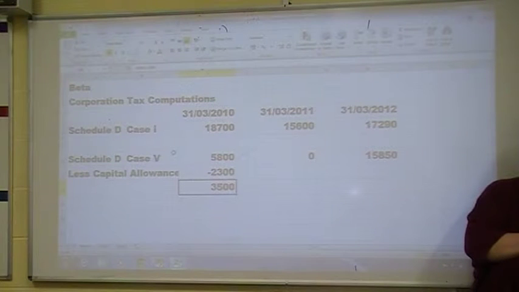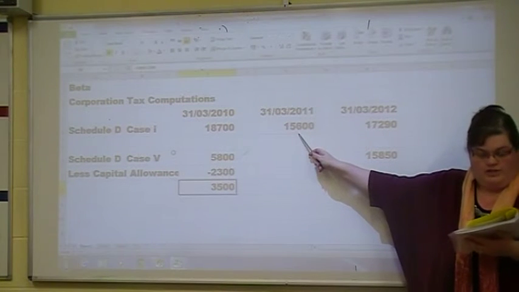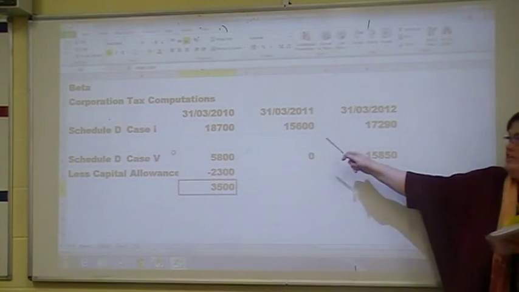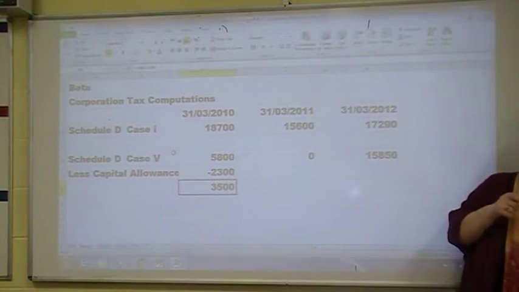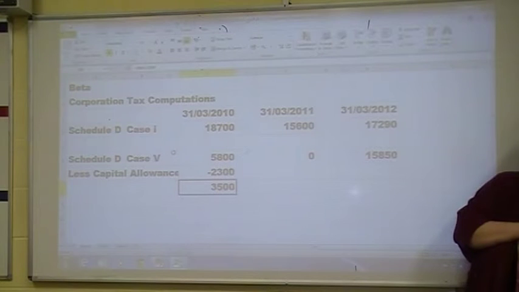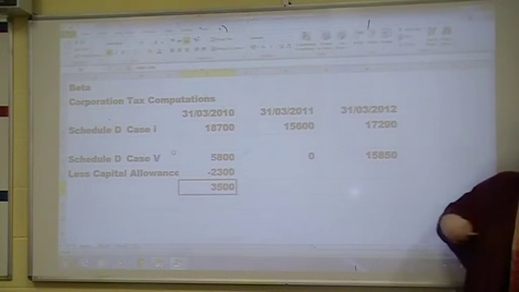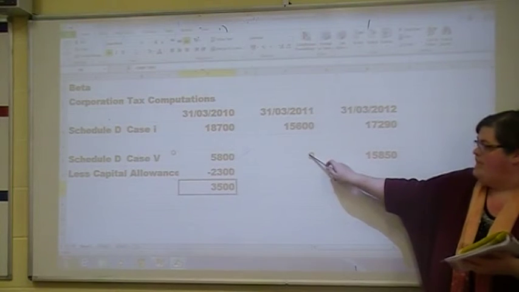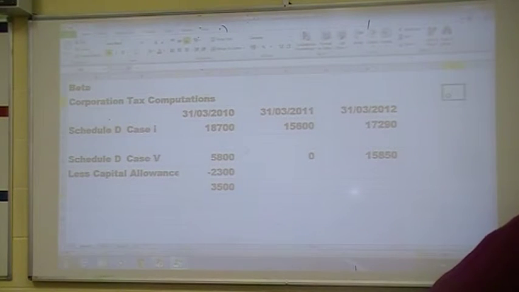So we can take that 24,730 and set it against our 15,600, and then we can opt to take it back and put it against this, or bring it forward and put it against our 15,850. You must see which is the best option from a tax planning point of view. So first we'll do it here. We bring up what our loss is, so just do a little loss memo over the side.